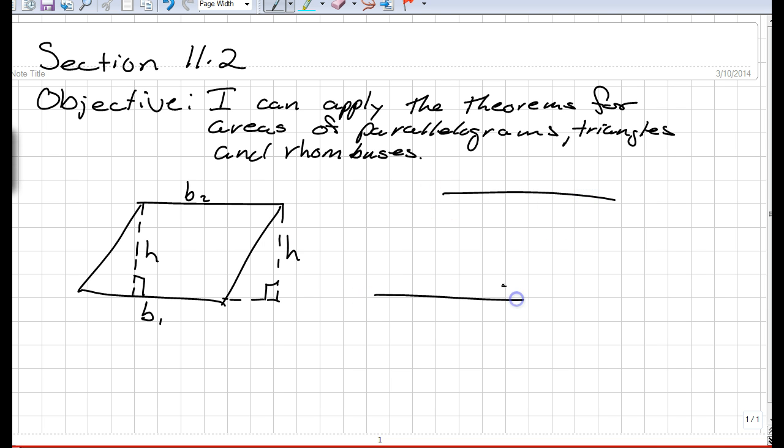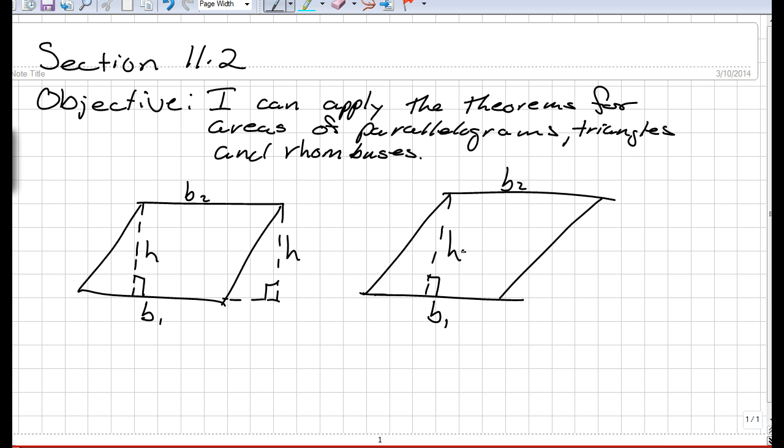But if the parallelogram was turned the other way, then I could call this the base, and then this would be the altitude or height.